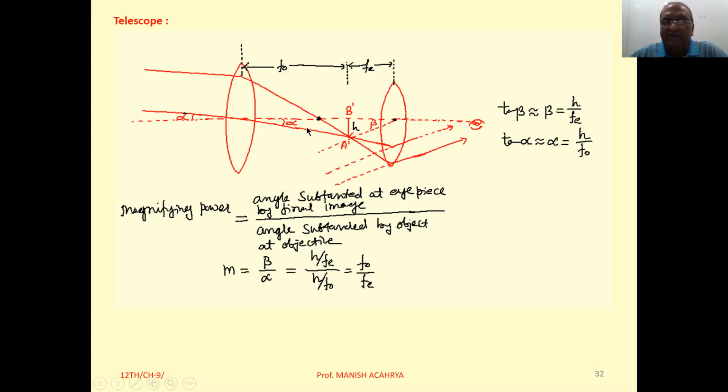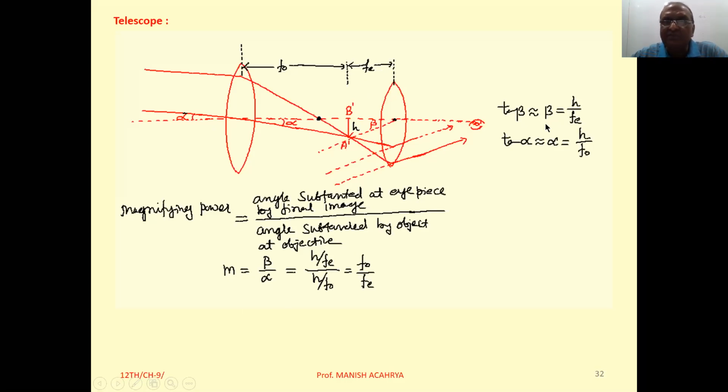Now from the figure we can write, see, tan beta is opposite, that is A dash B dash, that is H, upon adjacent, that is Fe. So tan beta is H upon Fe.